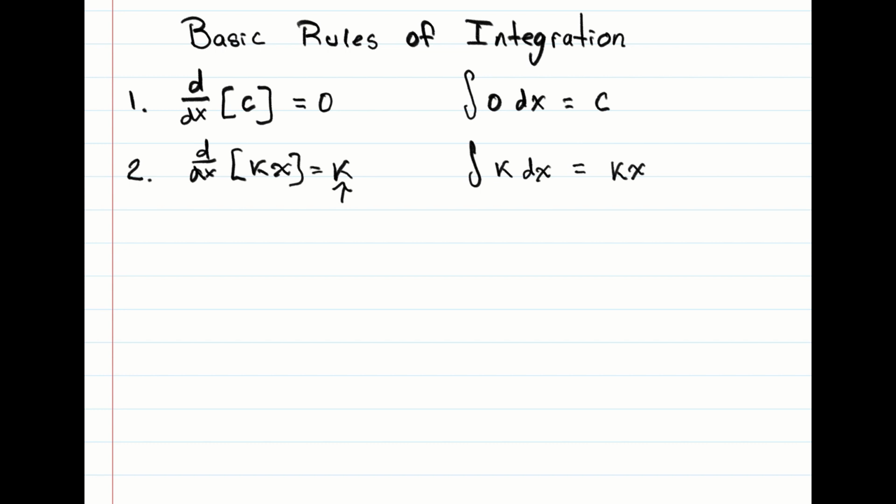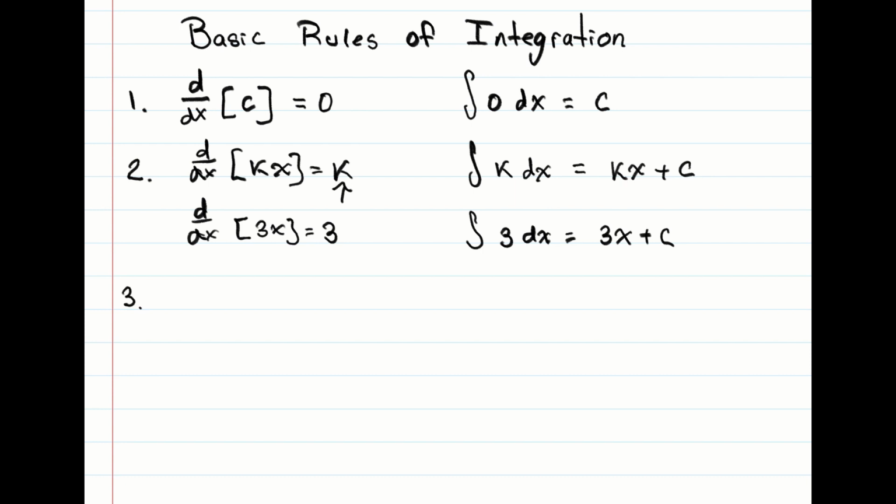But remember, there could have been a constant attached to it, so it's kx plus c. So what does this look like? The derivative with respect to x of 3x is equal to 3. Well, the integral of 3 with respect to x is equal to 3x plus c.